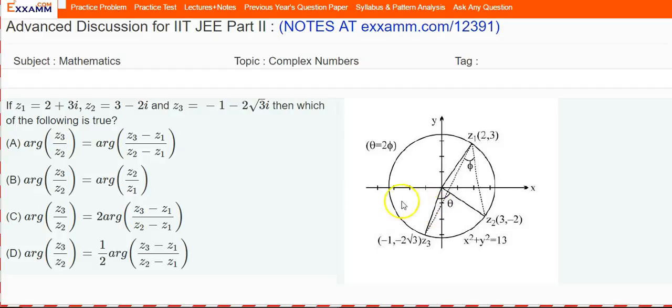So in all cases where Z1, Z2, Z3 are given and their moduli are equal, the circle passing through these points will have the origin as its center. This is a very important concept. The first thing you should look at in all such questions when these 3 points are given is whether their moduli are equal, and if they are equal, then we say that their center is the origin.